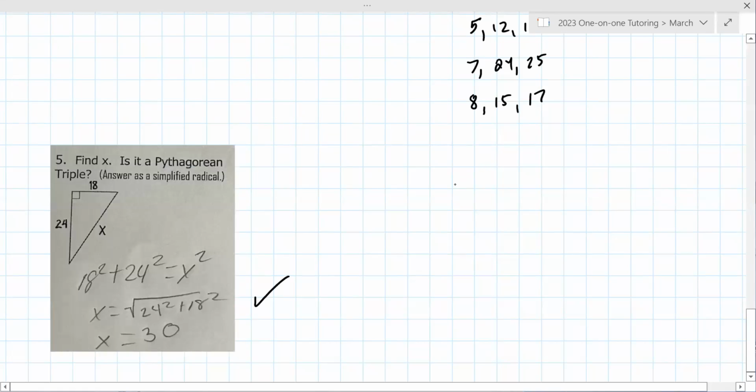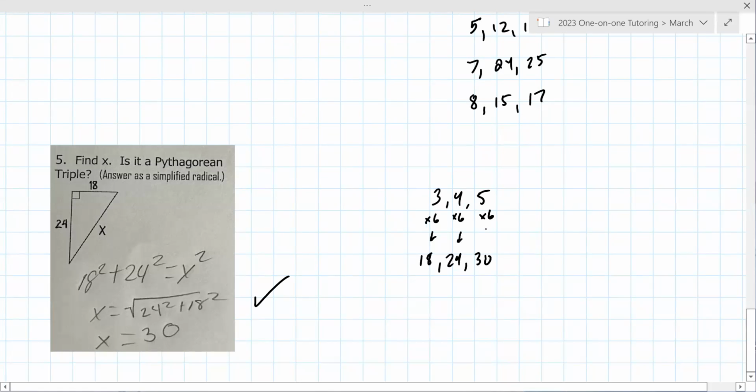Do you need to say which one it comes from? Do you know? What do you mean? So like I mentioned up above here, 3, 4, 5 is a triple, but then there's multipliers. So like this one is 18, 24, and 30. You're multiplying each of these numbers by 6.